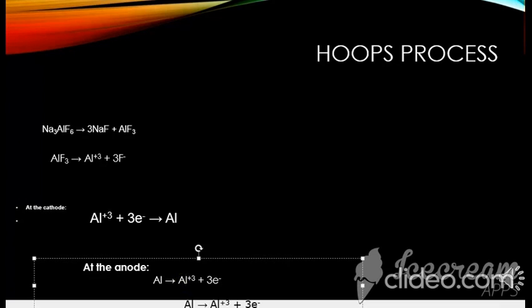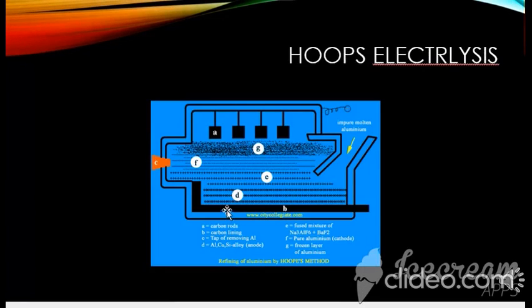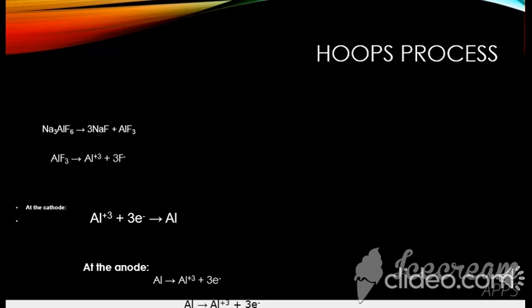Now these aluminium 3+ ions are at the bottom of this tank, and they move towards the cathode rods, these 4 rods. When they reach the cathode, they get 3 electrons and molten aluminium is collected there.